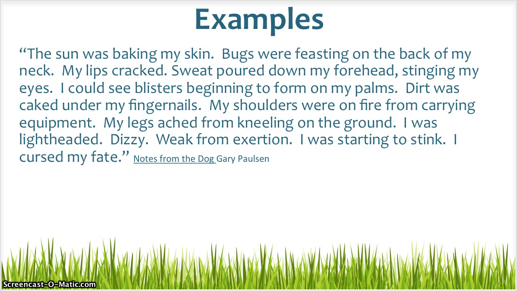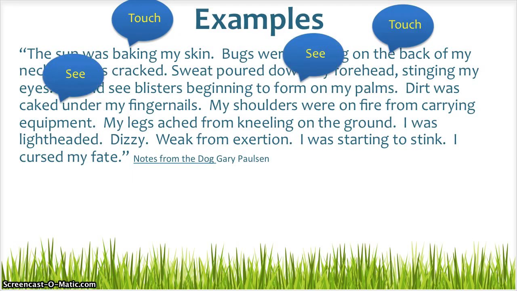We don't have to read, my shoulders felt like they were on fire. By just writing, my shoulders were on fire, he showed it to us instead of told us. So just remember that as writers, we want to show our details, not tell. Gary Paulsen used 2 examples of the sense of touch. He used 2 examples of the sense of sight. And he also told me about his smell. Gotta love that sweaty stink.